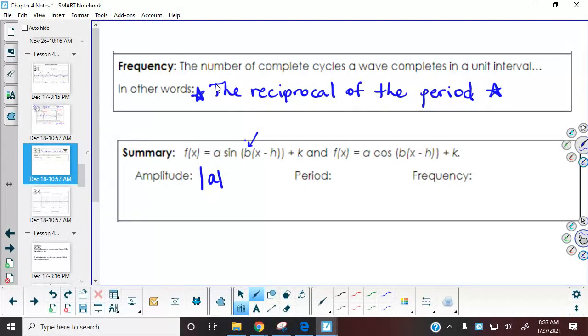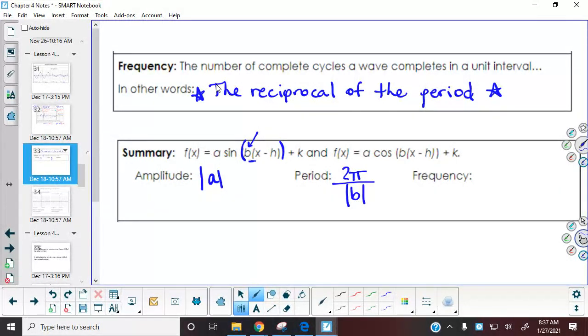Notice because it is within a big set of parentheses, this is still technically connected to the x because it's following that sine function. So in our equation the x is multiplied by b, which means our period is going to be divided by b. Now, sometimes that b is negative, so we're going to actually divide by the absolute value. Again, we're going to try to make this as simple as possible, so please don't stress about that.